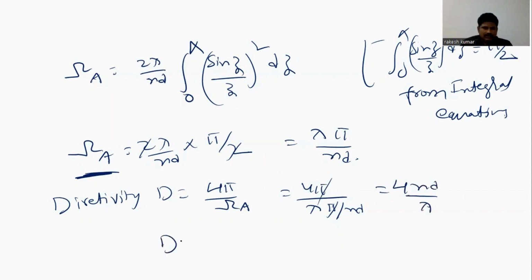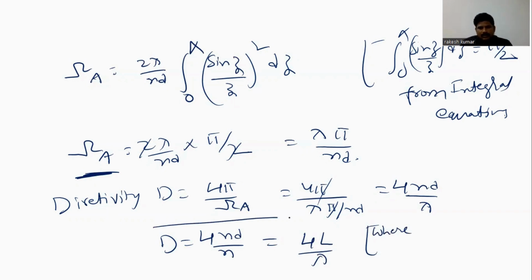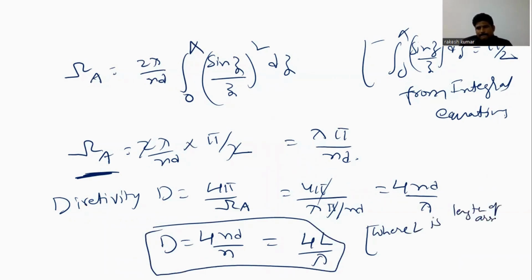So directivity is equal to 4 n d by lambda, where n d can be replaced with L. So 4 into L by lambda, where L is the length of the array, n d equals L, applicable when n is large. Therefore the directivity of broadside array is 4L by lambda.